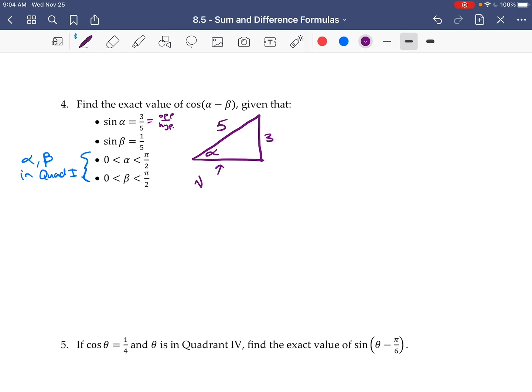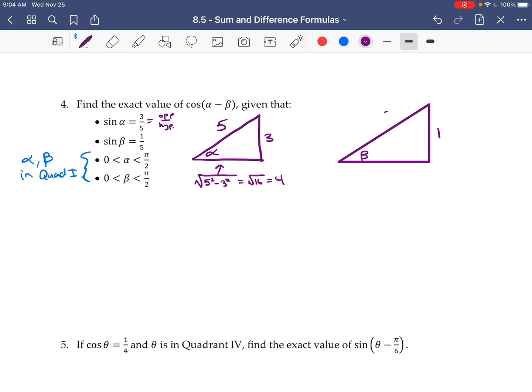And this side is going to be the square root of 5 squared minus 3 squared, which is 25 minus 9, so that's 16. So this side's going to be 4. Then I'm also going to make a triangle for beta. Same idea.